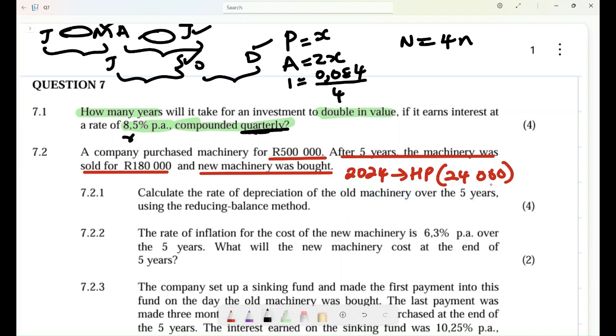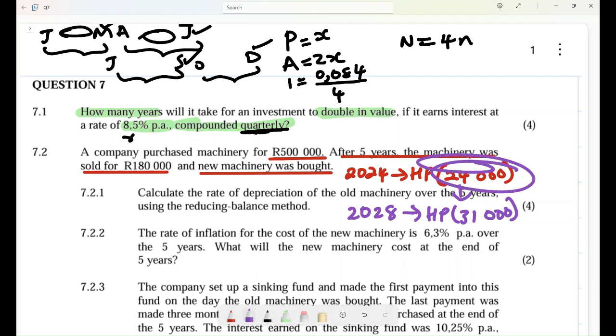But due to inflation, the very same laptop, this is according to finance, you should know it like this. In 2028, the very same HP laptop that you bought in 2024 for 24,000, you're gonna buy it in 2028 for how much? For 31,000. This is according to inflation.